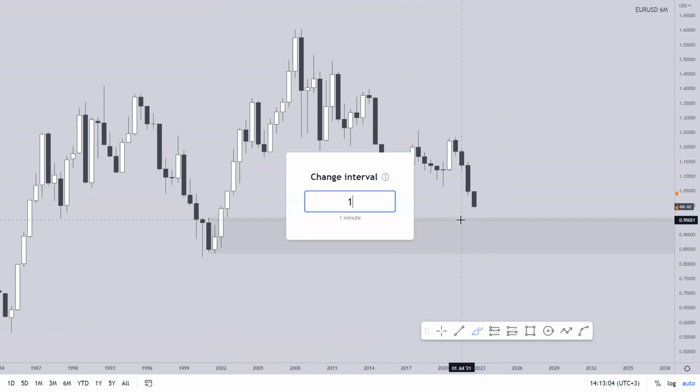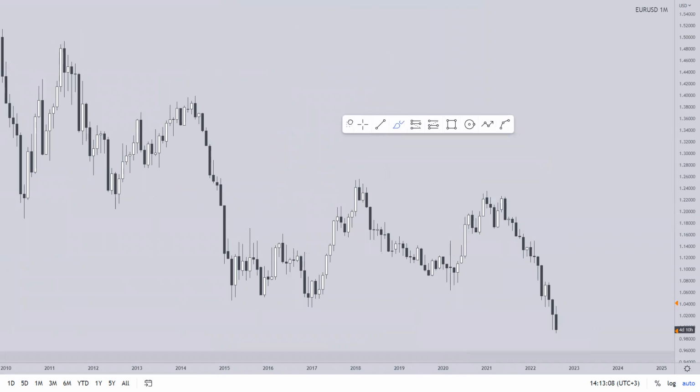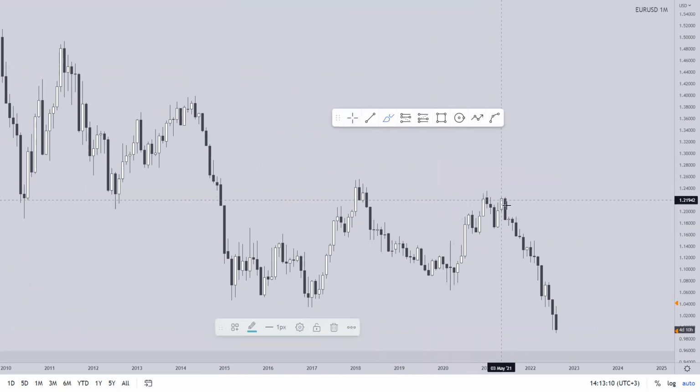Now let's go to monthly chart. Monthly, we are just inside this huge bearish push, which broke. So we had this structure. Oh, very interesting.